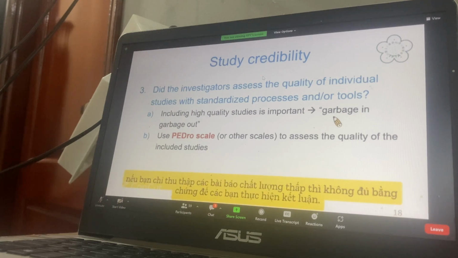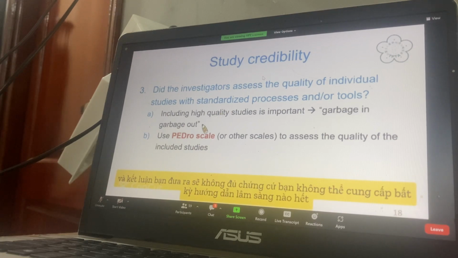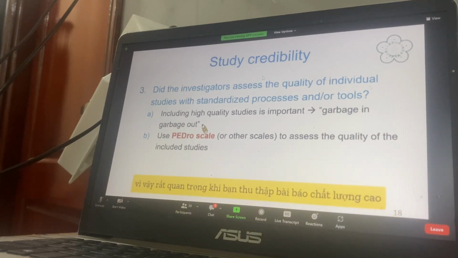If you only include low quality studies, then it is probably insufficient evidence for you to draw a conclusion. And then the conclusion you draw will be insufficient evidence, and you cannot provide any clinical practice guideline. Therefore, it is important to include high quality studies.